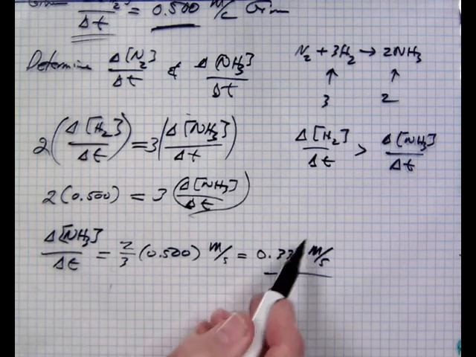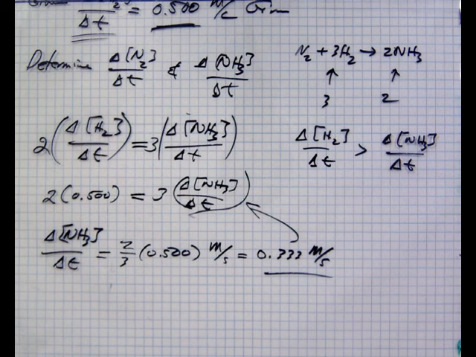So this is now the absolute defined rate based on coefficient numbers. Problems will come to you just as exact. You'll be given an equation, one of the components, and you calculate the other one, or whatever's being asked.